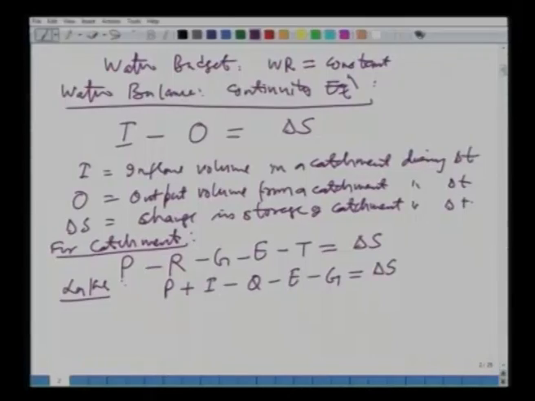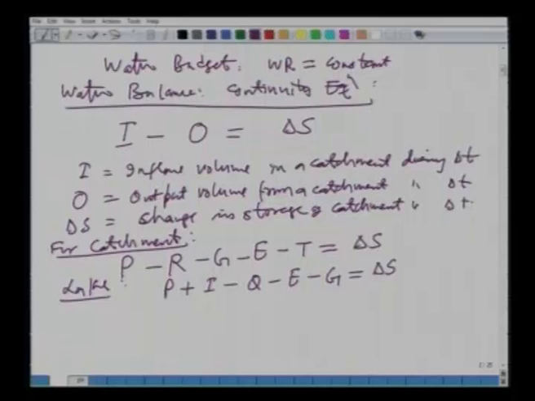Okay. And this is a very useful equation, the continuity equation or the water balance equation, through which we can manage our water resources for a lake, for a dam, or for any catchment.